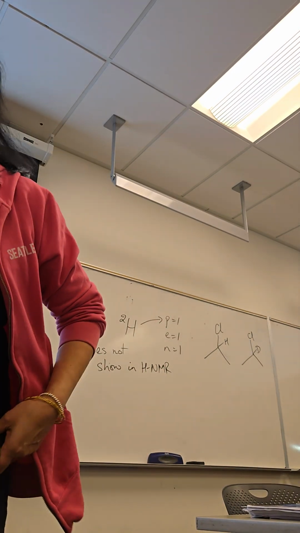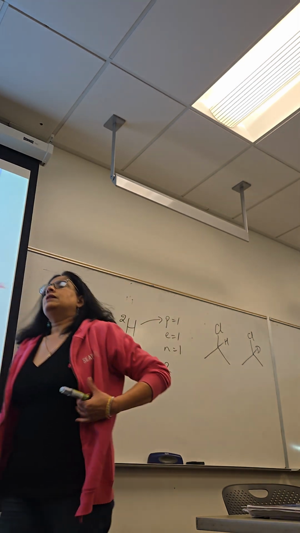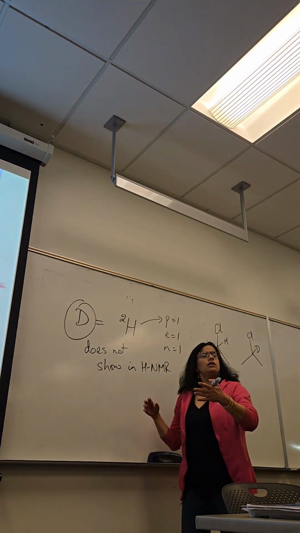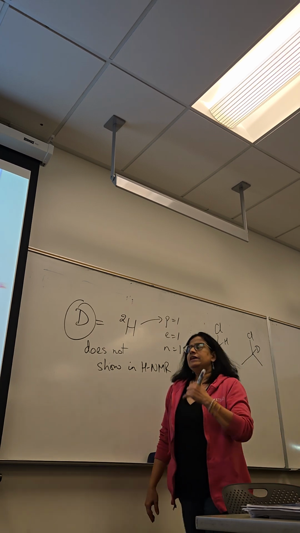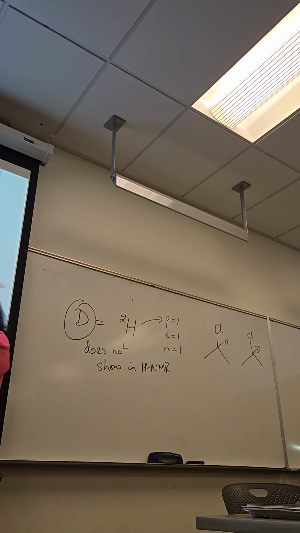Is it kind of like a spectator or not really? Spectator? No, this has nothing to do with spectator ions. Those are for ionic compounds. These are covalent bonds. The idea here is the nucleus of deuterium does not create different magnetic field levels for them to actually show in NMR.